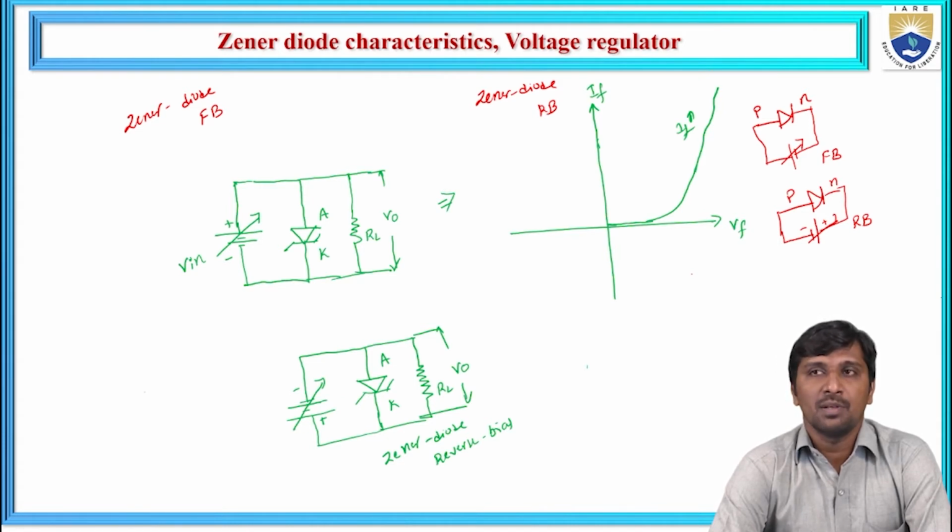If you observe the normal PN junction diode, it is due to the way of approaching the biasing of a normal PN junction diode.